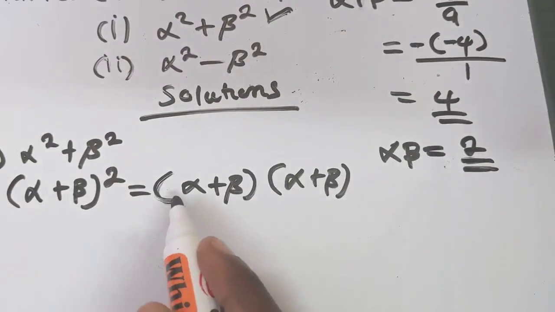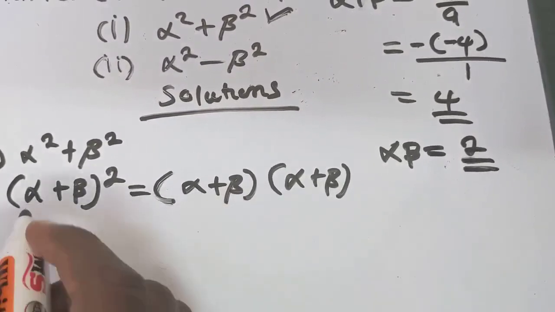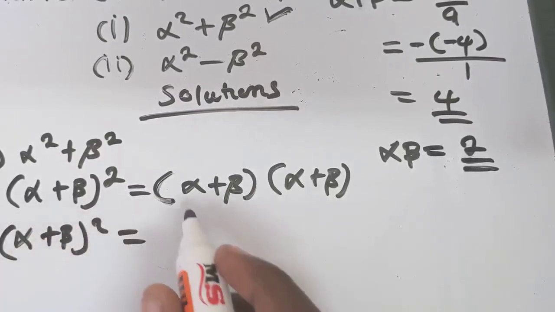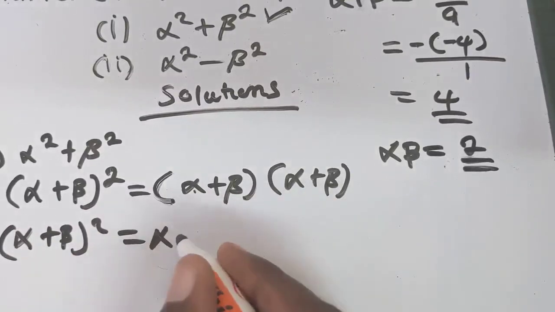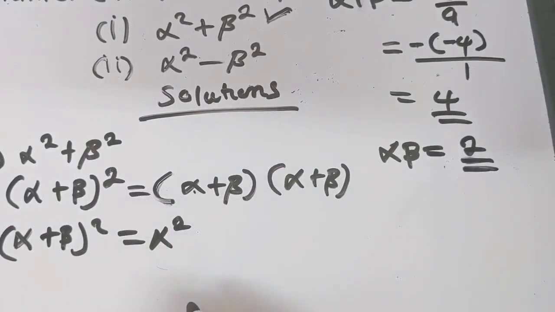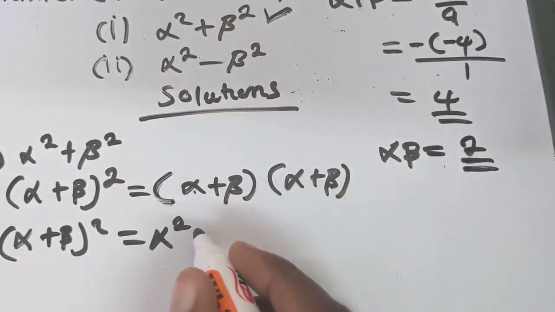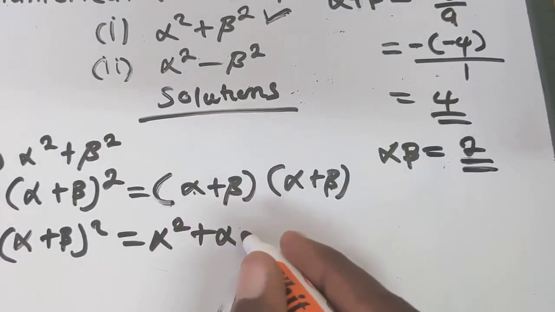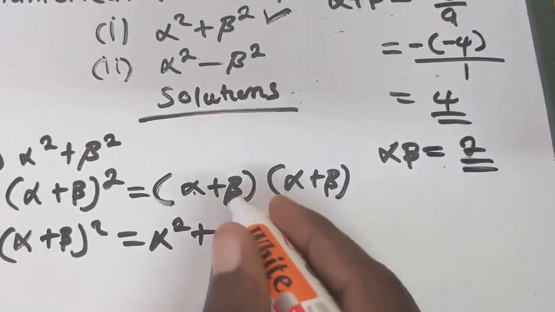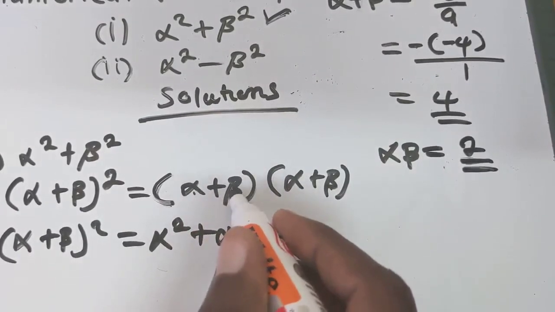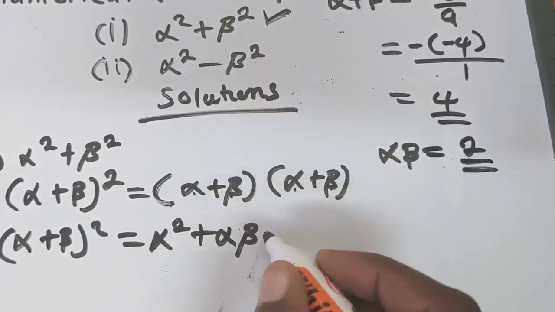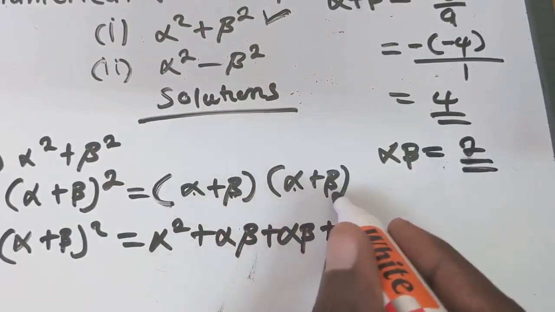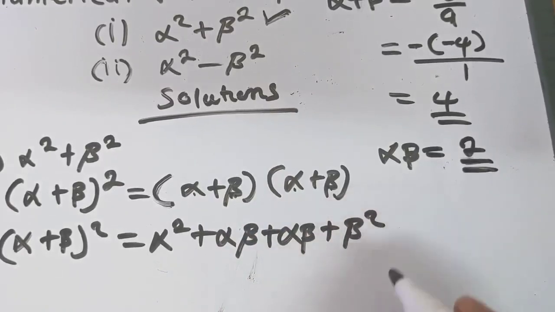Back to this question, if we expand alpha plus beta squared, alpha times alpha is alpha squared, then alpha times beta gives plus alpha beta, then beta times alpha gives alpha beta, then beta times beta gives beta squared.